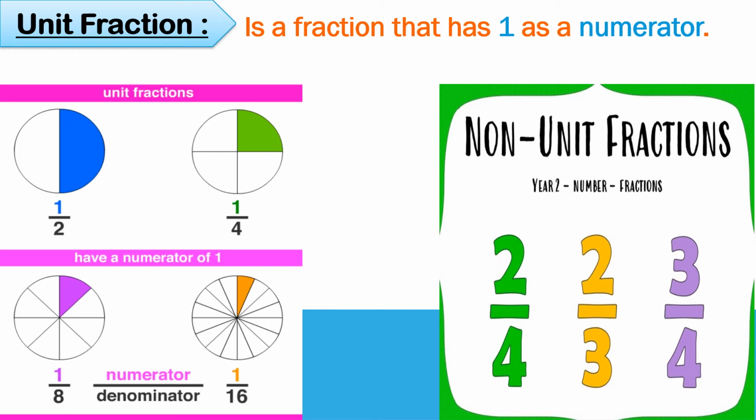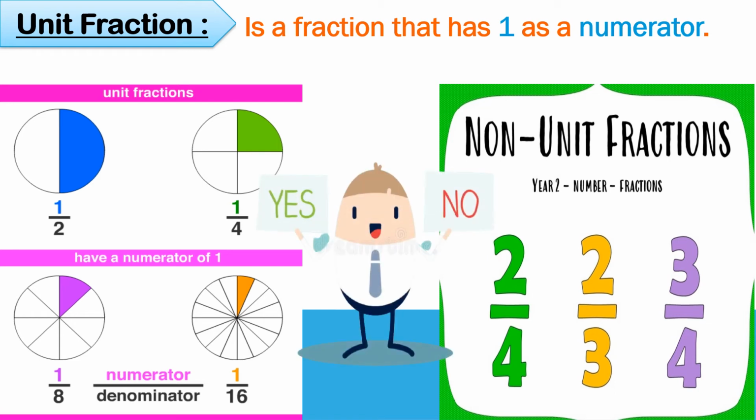Numerator here is 2. Numerator here is 3. So we don't have 1 in the numerator. So this is a non-unit fraction, or it's not a unit fraction. So this is a unit fraction and this is not a unit fraction.